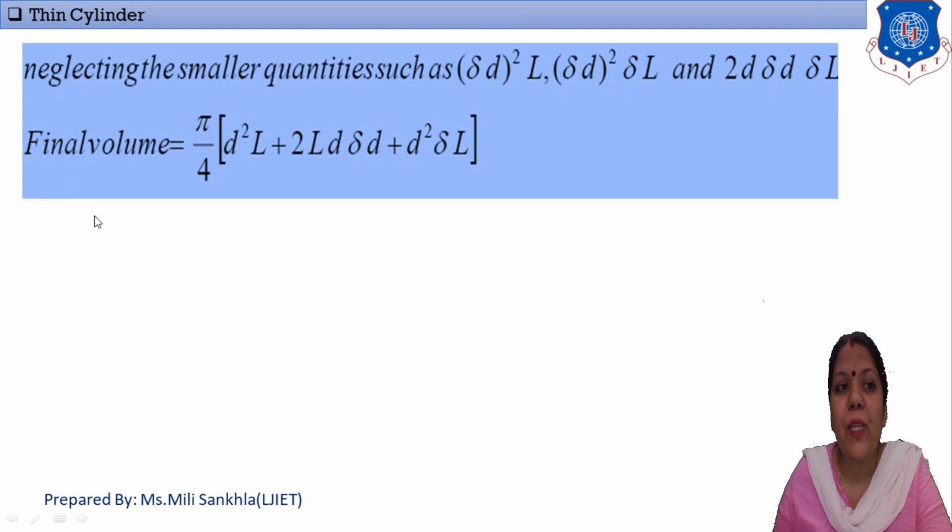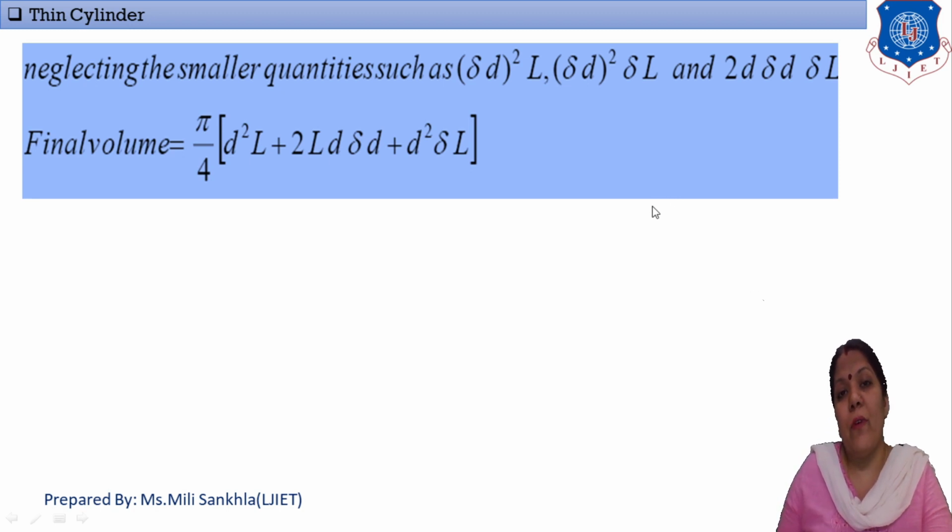Now we neglect the smaller quantities like del d square L, del d square delta L, and 2d del d delta L. Why do we neglect these smaller terms? If someone takes the square of 0.1, will the value decrease or increase?